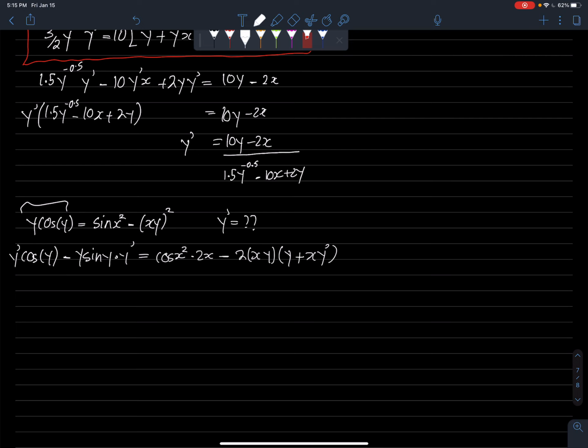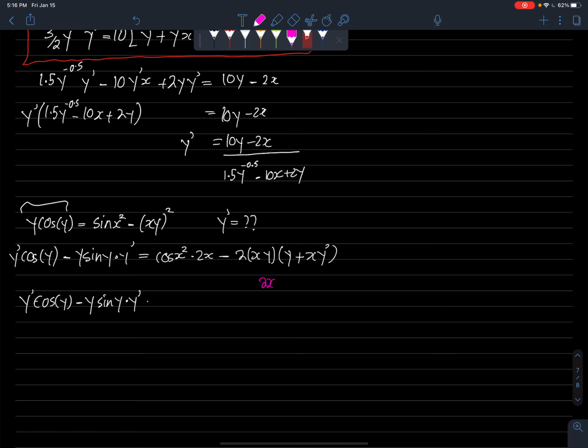And then you just isolate for y prime. You'd have to expand this out. Yeah, so you'd expand this. Yeah, let me just do it. Why not, right? Y prime cos y minus y sine y times y prime plus, gotta expand this out first.